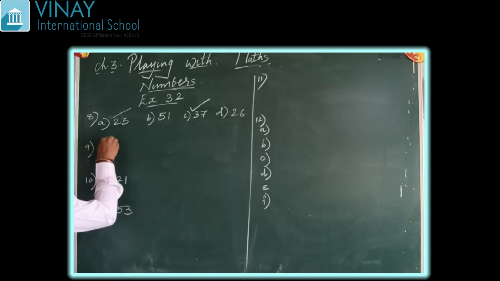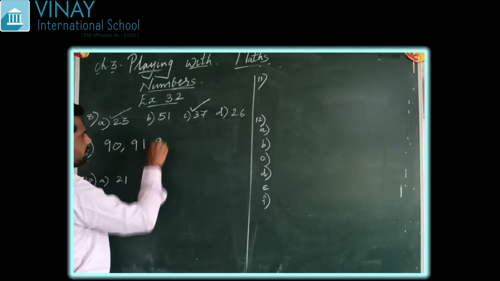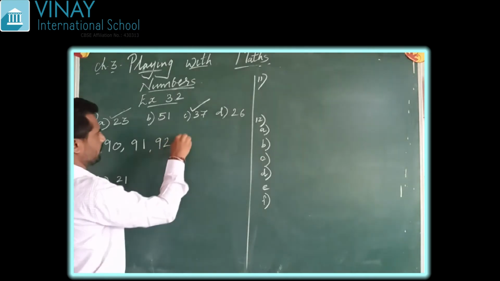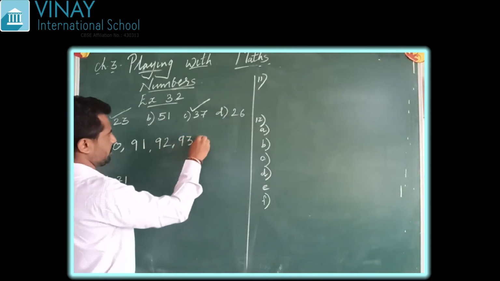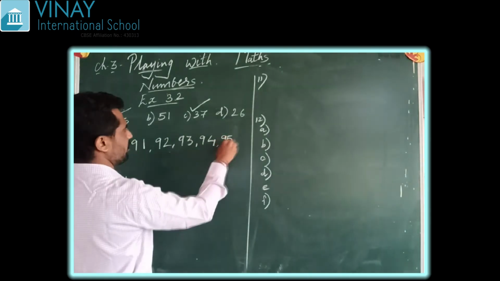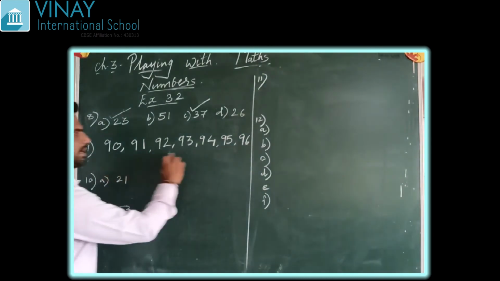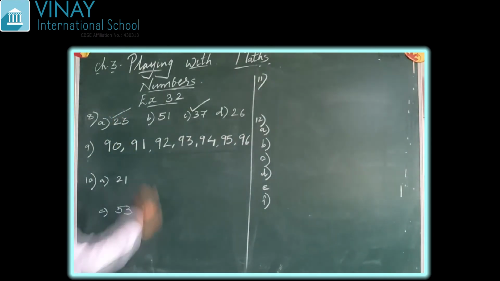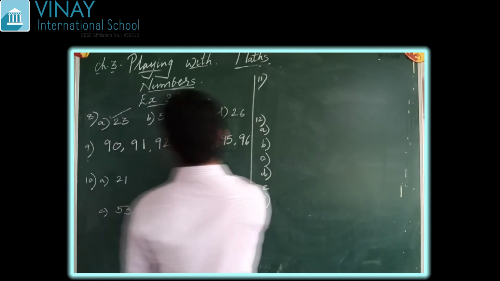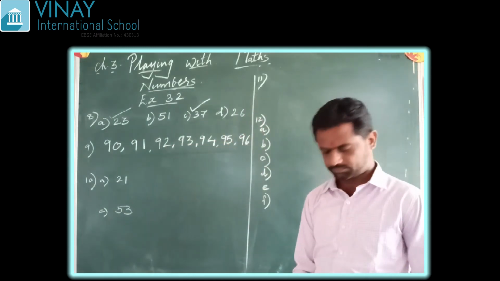That is 90, 91, 92, 93, 94, 95 and 96. If you see, they are all continuous composite numbers and there is no prime number between them.